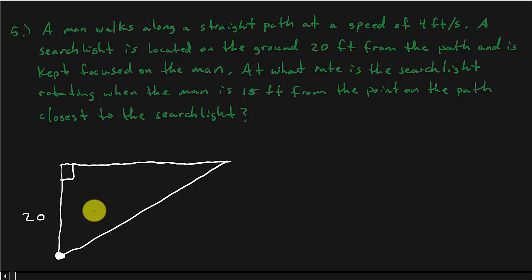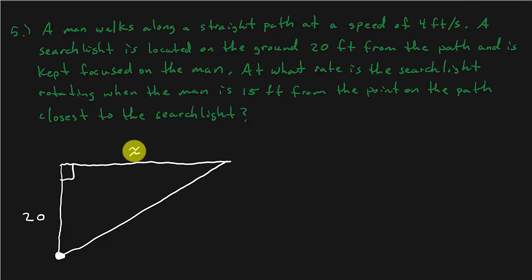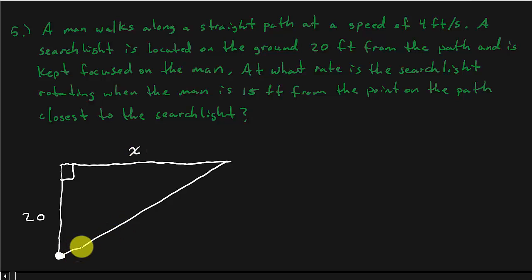And so let's see, how about we label this x? Okay, let's label that x. And let's see, it wants to know at what rate is the searchlight rotating. Okay, so it's this right here.